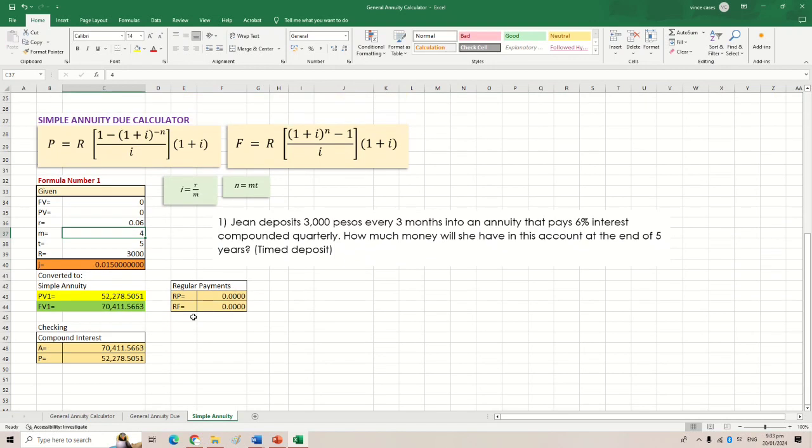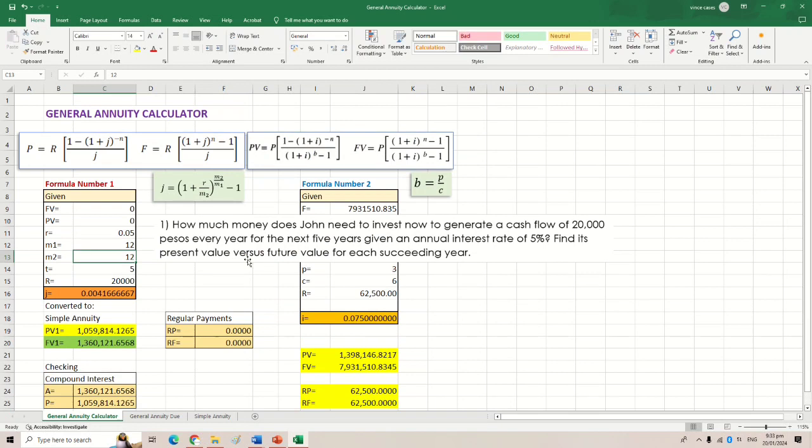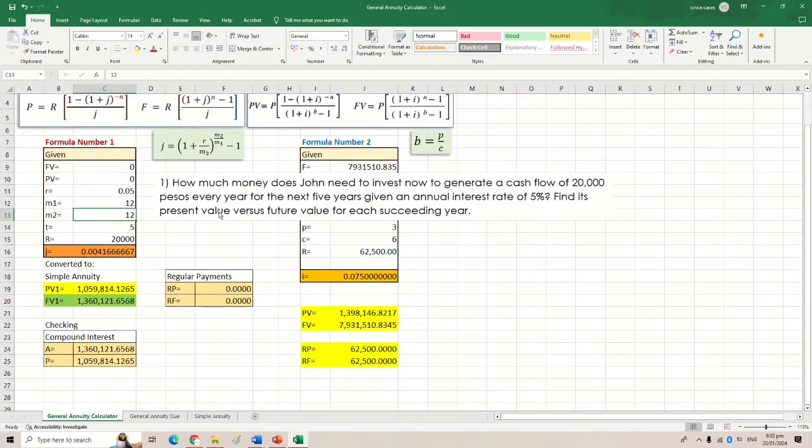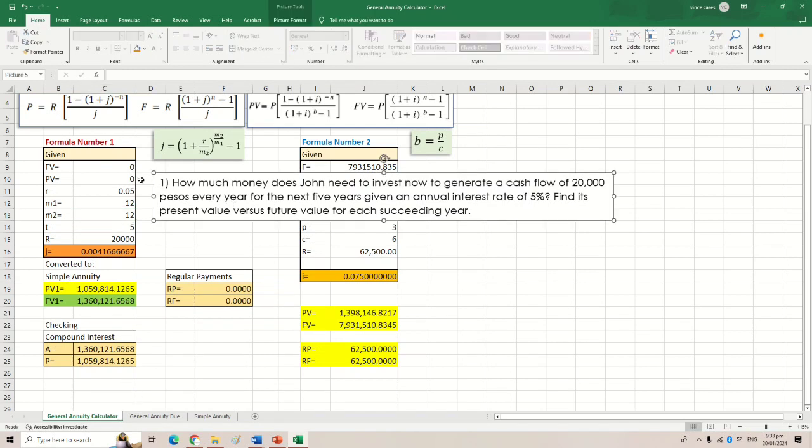Now let's go back to the general annuity. Okay, now in general annuity, look here, I'm using the same problem as in the simple annuity a while ago. So you can use this general annuity calculator in simple annuity problems. Okay, let's set all the values here to zeros first.